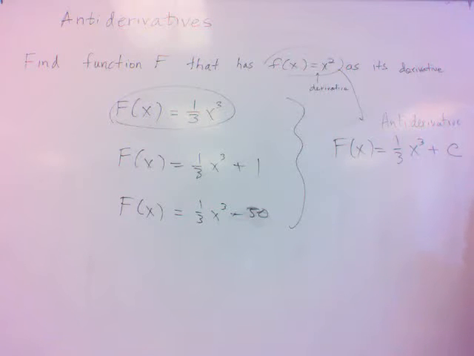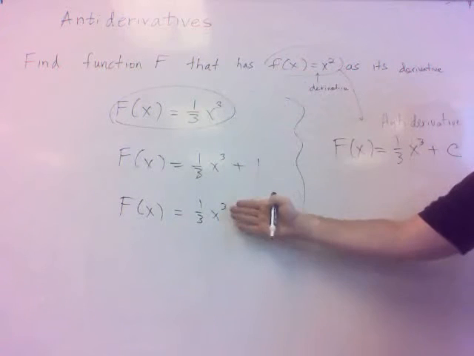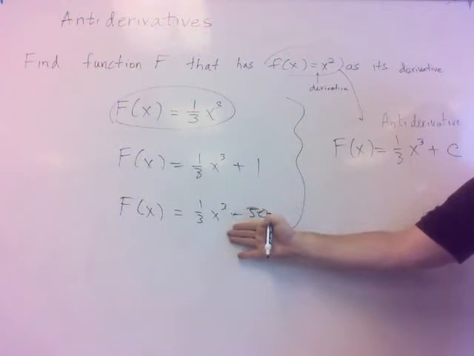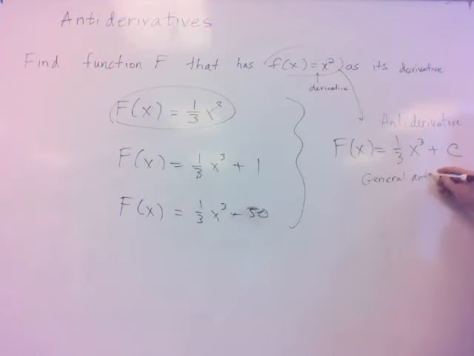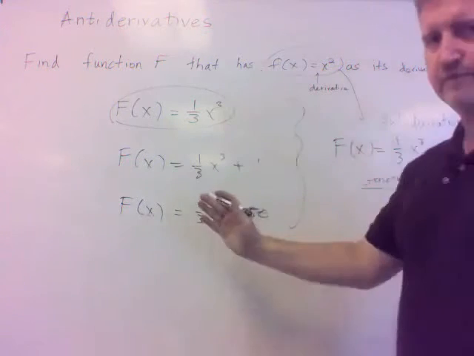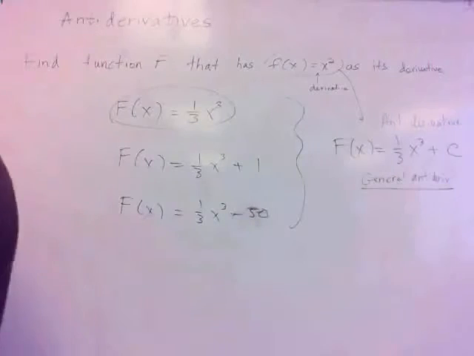It's the antiderivative because we started with the derivative and we went backwards, so to speak. We did the anti. Okay, and this is called the general antiderivative of that function right there. These right here would be specific antiderivatives. These are specific ones. Okay?